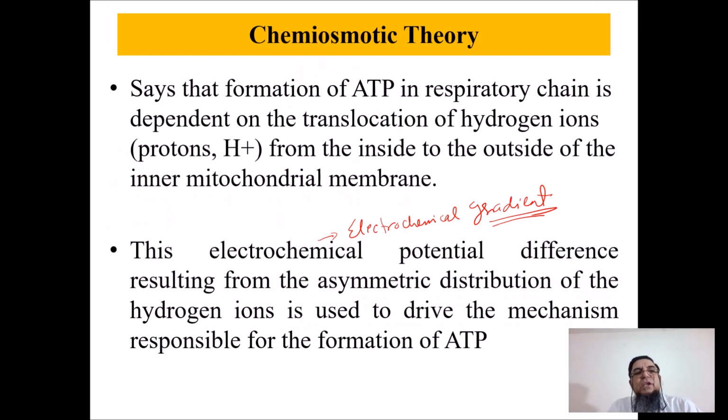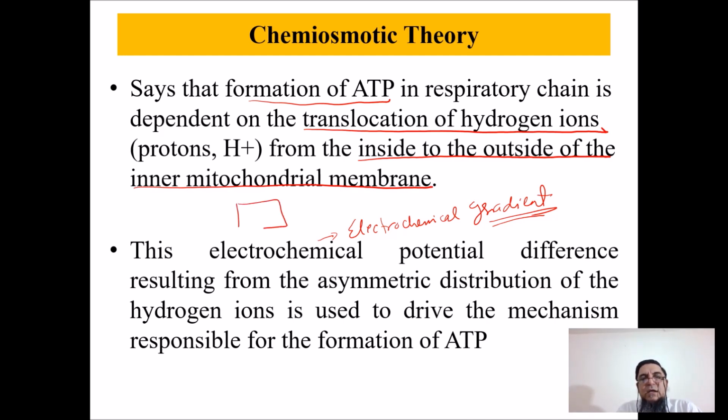The chemiosmotic theory says that in the electron transport chain, the formation of ATP is dependent on the capacity for translocation of hydrogen ion, that is the proton, from inside to the outside of the inner mitochondrial membrane. When the hydrogen ions are pumped out from the matrix to the intermembrane space, an electrochemical gradient, a potential difference, is created.